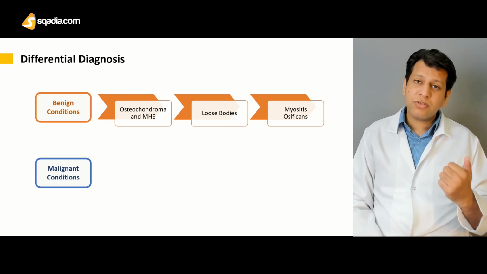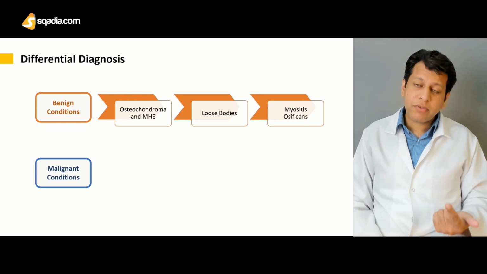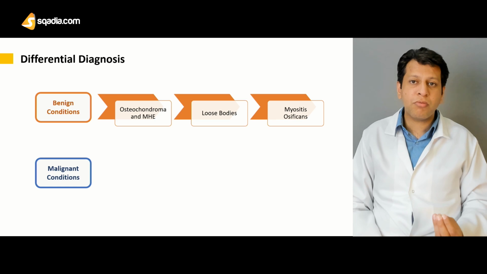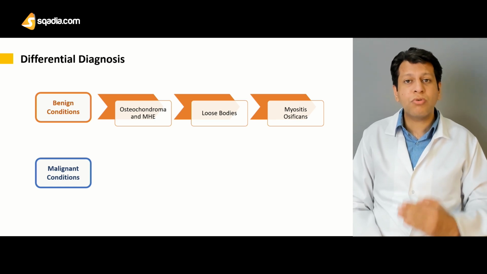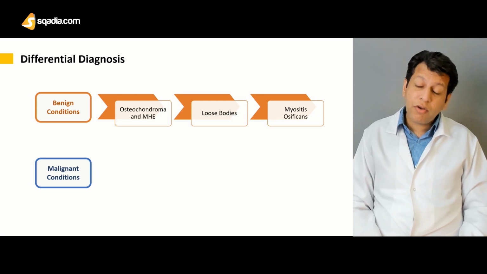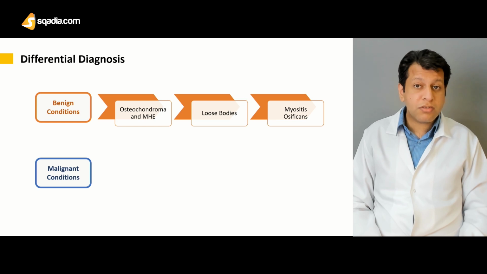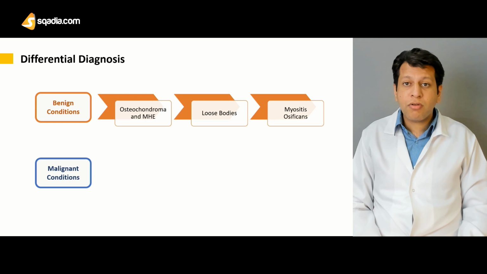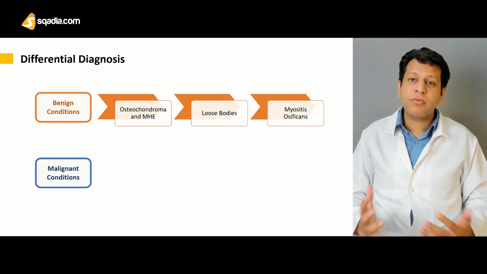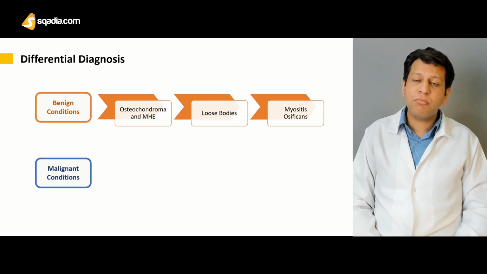But as you know, one of the theories of synovial chondromatosis is that the inciting event is a single traumatic event which leads to a cascade of events eventually leading to synovial chondromatosis. So if there is a history of trauma present, then probably this could be myositis ossificans. There was trauma, there was a collection of blood over there, a hematoma was formed, and the hematoma over a period of time has calcified, leading to myositis ossificans.